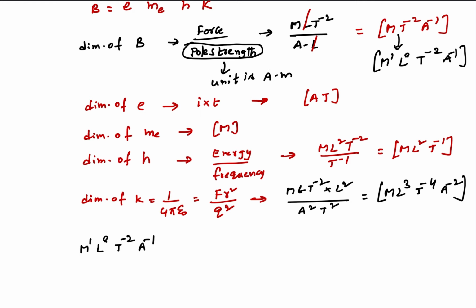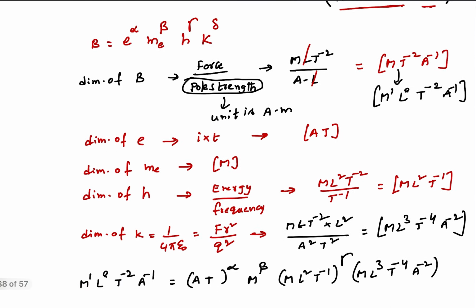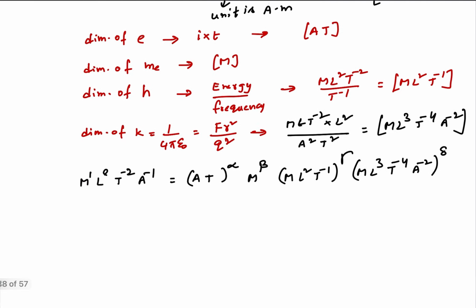This is the dimensional formula of magnetic field, and that is equal to the electric charge (A T) whole power alpha, as per the question, mass power beta, third one is h, (M L square T power minus 1) whole power gamma, and (M L cube T power minus 4 A power minus 2) whole power delta.